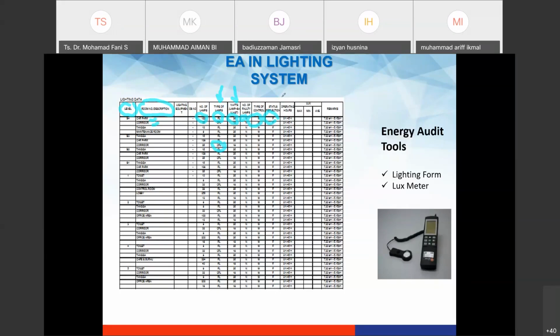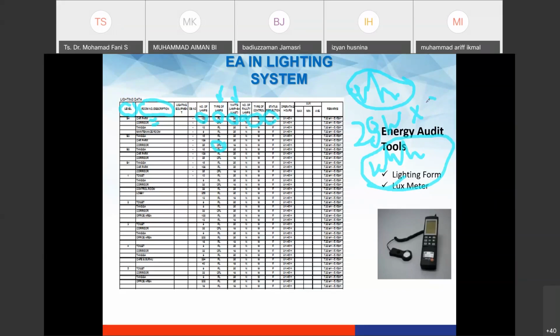So you also may record these operating hours so that we can calculate their consumption later on. Okay, so from the rated one, for example here 28 watt multiplied with the hours of consumption, so we can have kilowatt hour as the energy consumption.